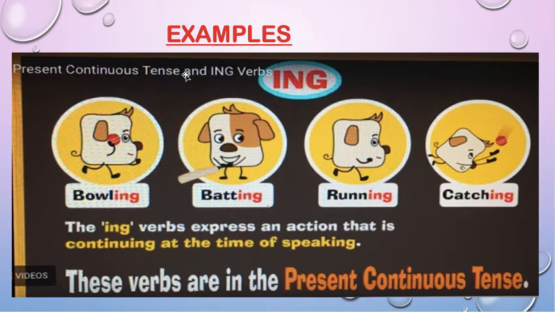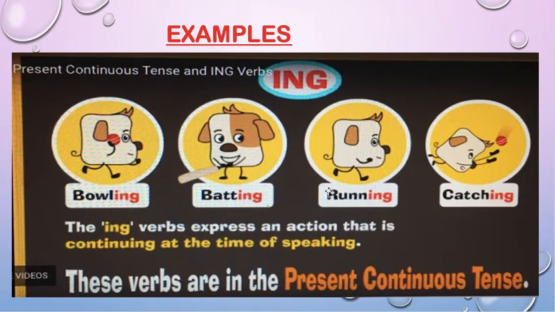Next, examples: present continuous tense and ing forms. Ing verbs: bowling, batting, running, catching. So what is common in all these four words? They are adding ing to the base form of the verb. Bowl is the base form, and they are adding ing to it: bowling. Bat is the base form, and they are adding ing to it: batting.